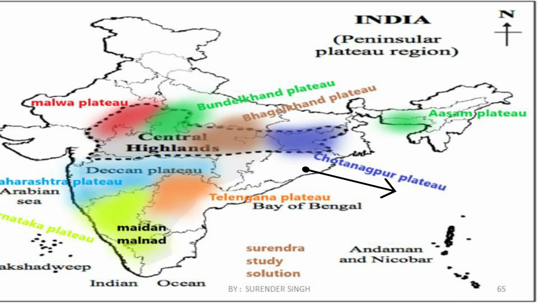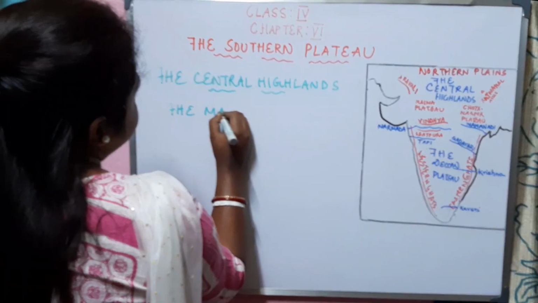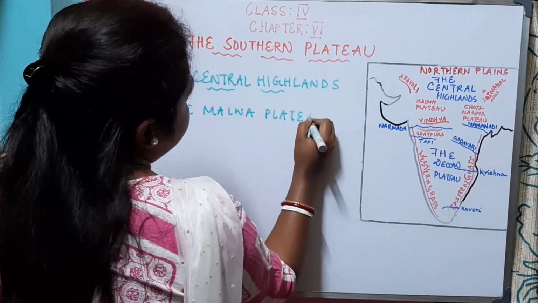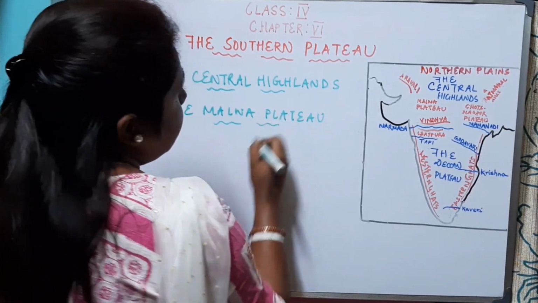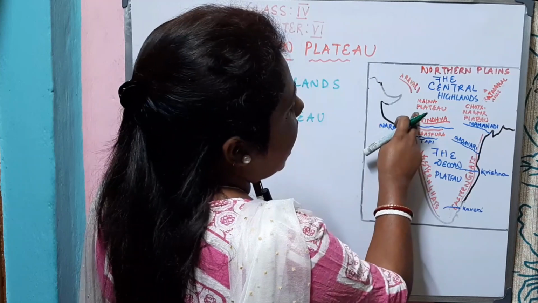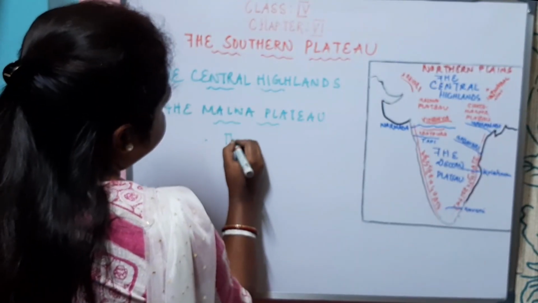Now let us know about the Malwa Plateau. The Malwa Plateau lies between the Aravali Hills and the Vindhya Hills. So where is the Malwa Plateau?